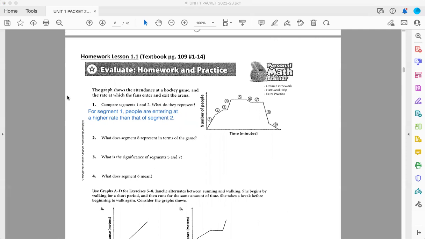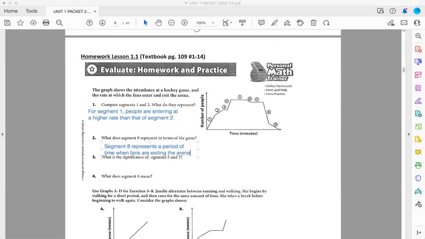Number 2, what does segment 8 represent in terms of the game? Segment 8, you can see that the number of people is decreasing, and it's decreasing at a sharp turn. So segment 8 represents a period of time when fans are exiting the arena.